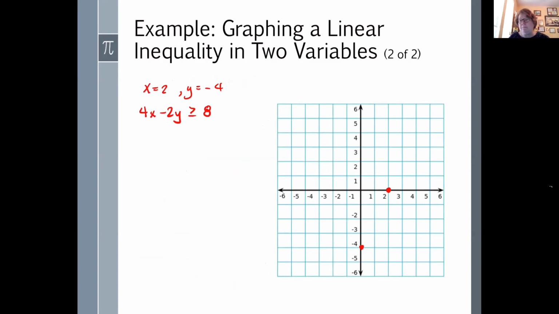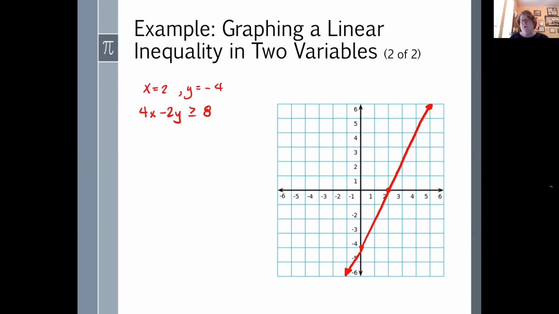So in MyMathLab, you pick the line tool, you graph your line, and you're going to have it as a solid line. You're not going to pick the dashed line. If this were greater than, not greater than or equal to, we'd graph it as a dashed line.